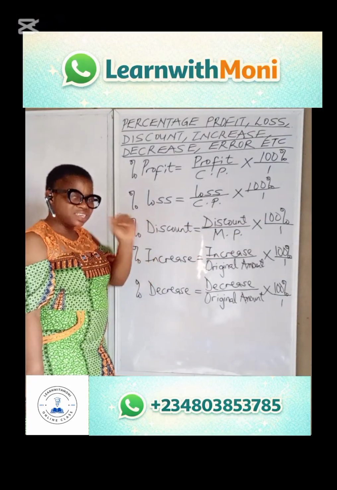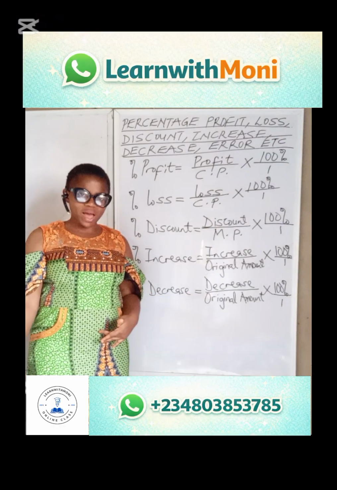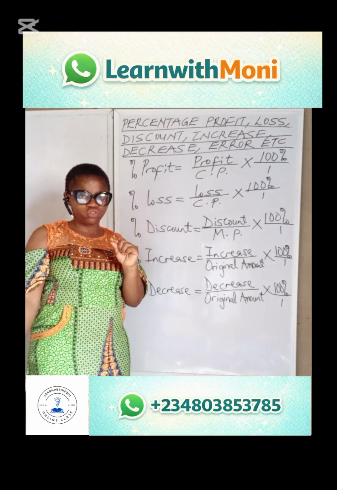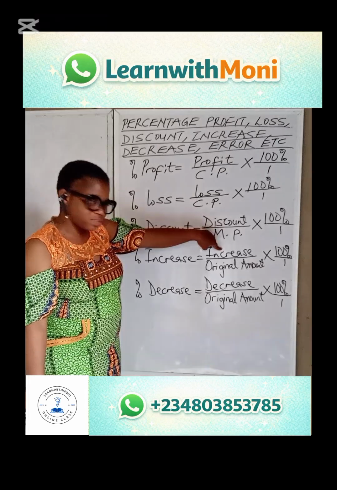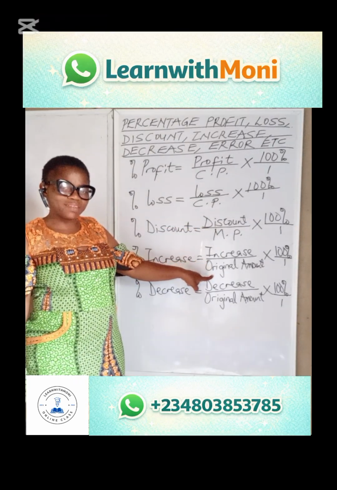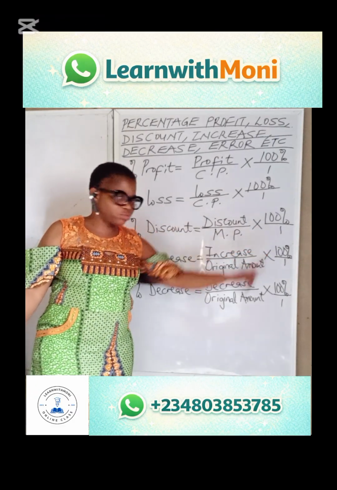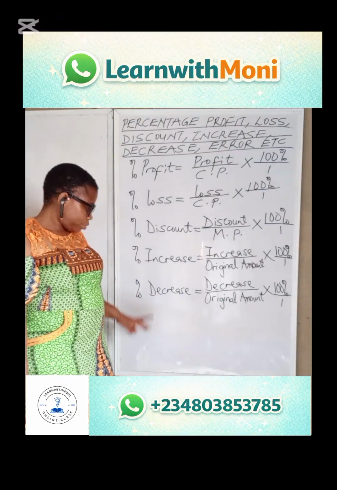Percentage increase, the actual increase. Something was 3 before, now it is 5. The actual increase is 2. That actual increase over what the size used to be. The size used to be 3. That is the original amount or the original size, times 100% over 1.